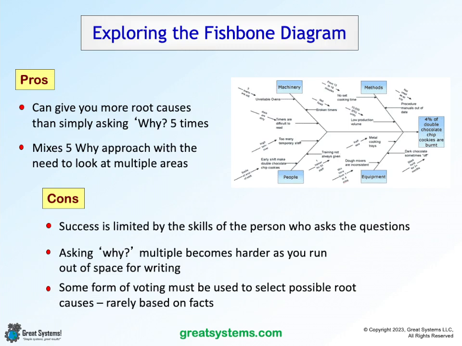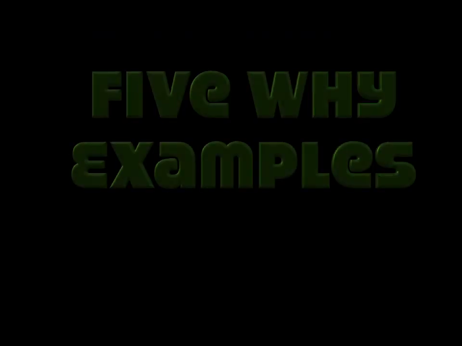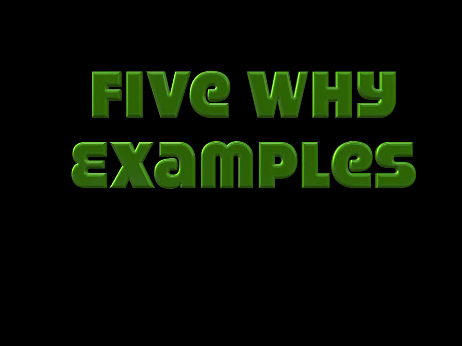The challenge is, when do you stop? How do you know if you're going deep enough? Can you catch yourself blaming people or blaming equipment, which probably won't lead to the best fixes? Bottom line is, it's an opinion-based tool. I didn't see it as such back in the day, but now I do. 5 whys is an opinion-based tool.